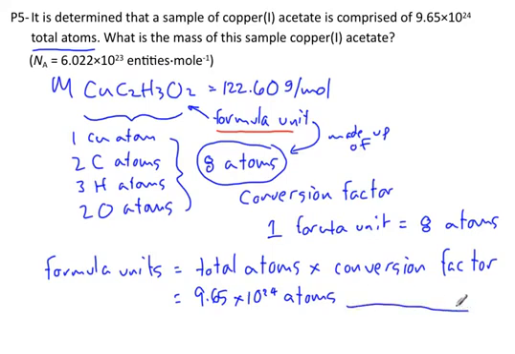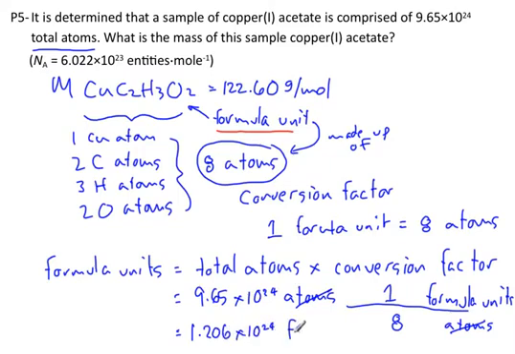We want to end up with formula units, and we want to get rid of atoms because we want atoms to divide out. So 1 formula unit per 8 atoms. What divides out? Atoms. And so we're left with 1.206 times 10 to the 24th formula units.